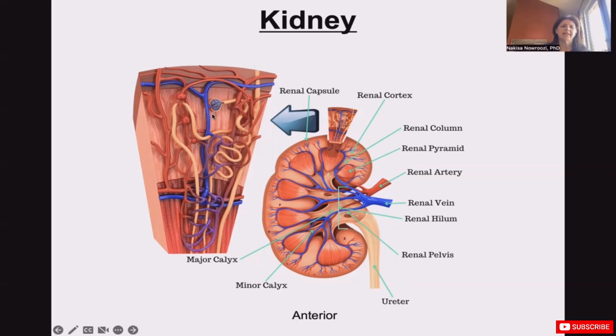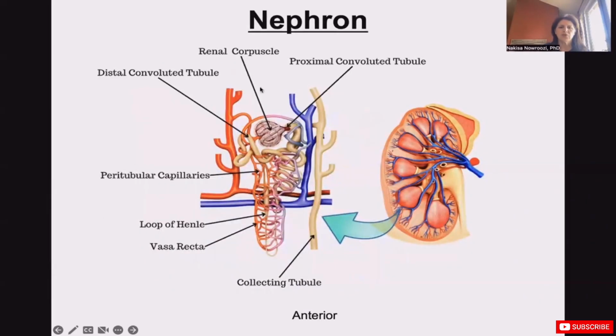to look at the nephrons. Nephron is the functional unit, the smallest functional unit of kidney. So if I took a pie and I magnified it here, we're looking at renal corpuscle, this structure, proximal convoluted tubule, loop of Henle, distal convoluted tubule, which goes to collecting tubule.